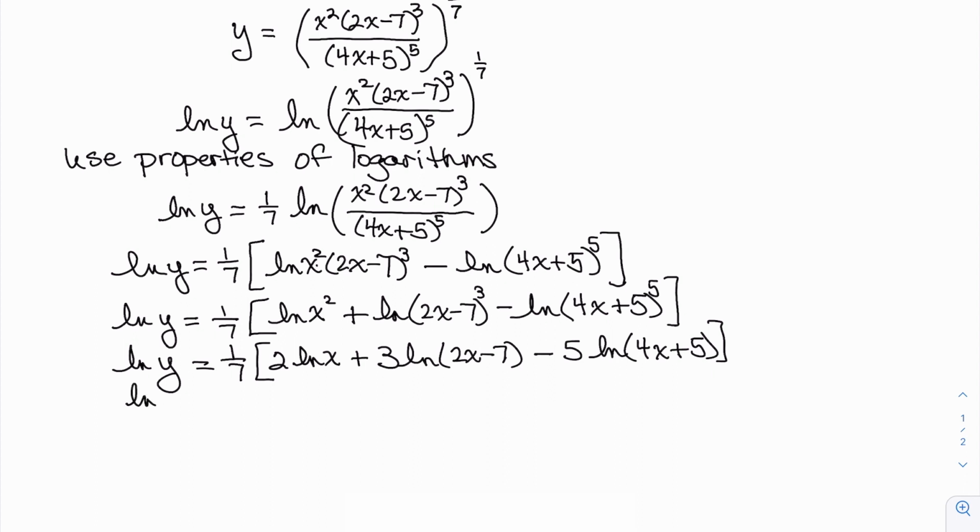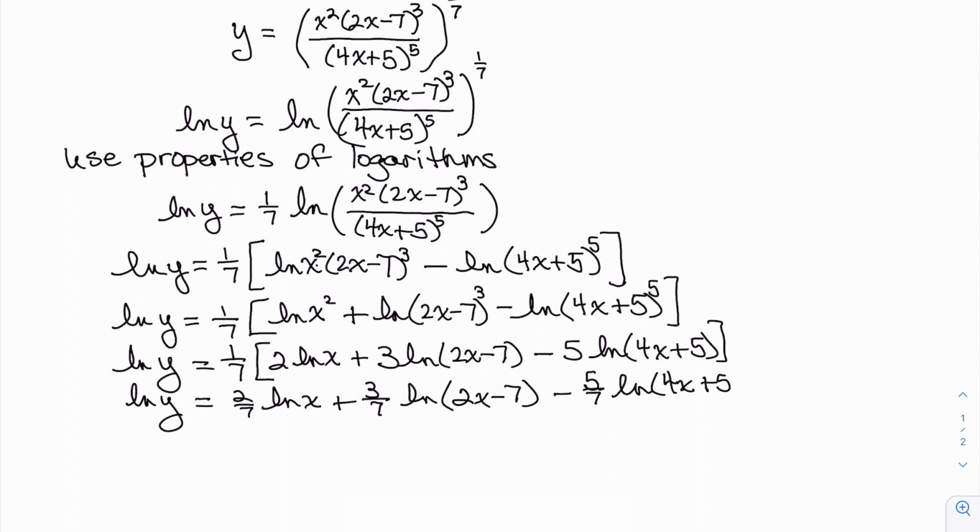So I have the natural log of y is equal to 2/7 times the natural log of x plus 3/7 times the natural log of 2x minus 7 minus 5/7 times the natural log of 4x plus 5.